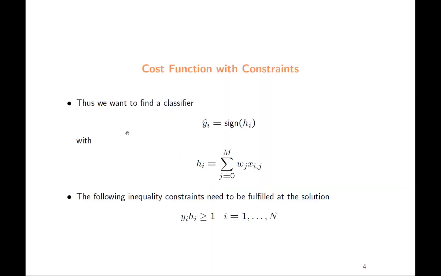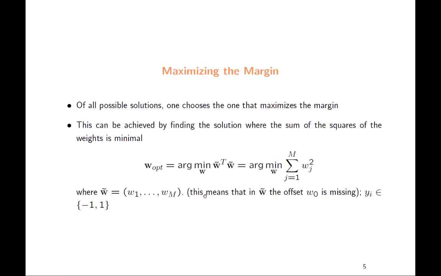And we can formulate this as an optimization problem. So we want that Wi times Hi is larger or equal to 1, not just larger or equal to 0, but larger or equal to 1. And under this constraint, we want to use the parameters, the W's, which have minimum length, so the square of the components overall should be minimum, whereas we leave out the W naught.